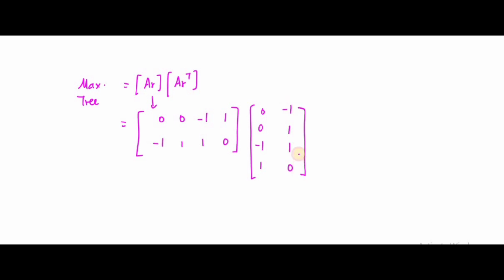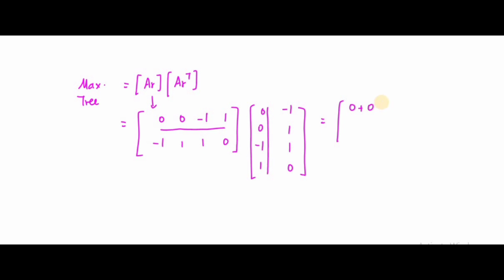So you multiply this one with this one: 0 into 0 is 0, plus 0 into 0, and if you multiply -1 with -1, you get +1. In a similar way you add 1 with 1, so you get 1.